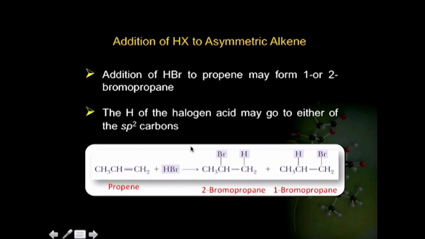The hydrogen of the halogen acid may go to either of the sp2 carbons. These are the two sp2 carbons present in this alkene, and this is the hydrogen bromide. So, one possibility is that 2-bromopropane gets formed, bromine comes to the second carbon, and the other possibility is that bromine goes to the first carbon itself.